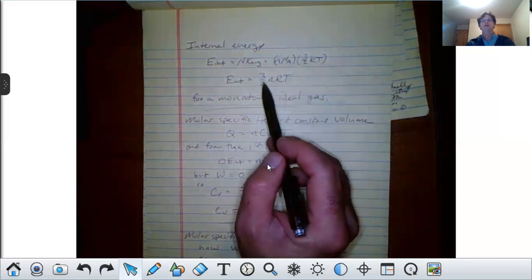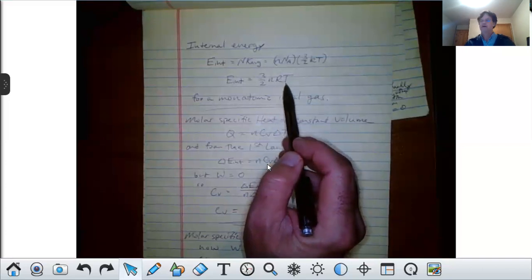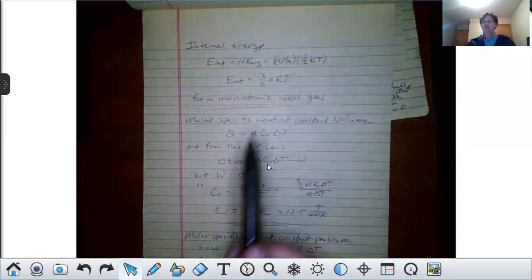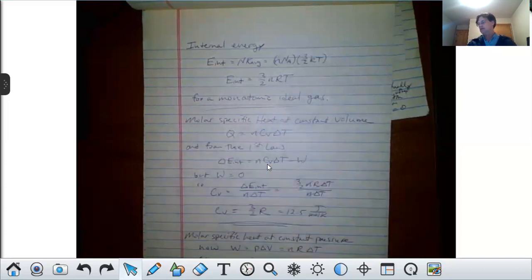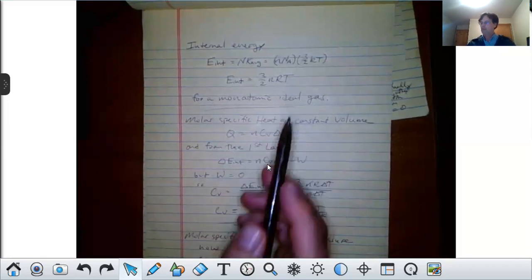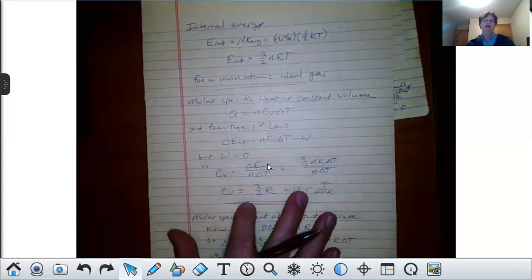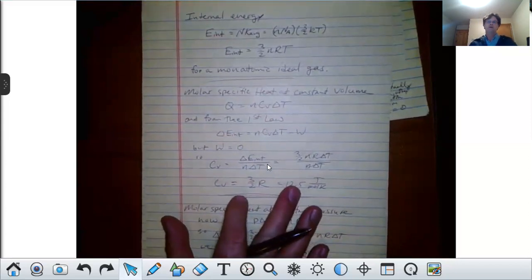Or you could write this internal energy as 3/2 times the number of moles times R, 8.31 joules per mole Kelvin, the ideal gas constant, times the temperature of the gas. So for an ideal gas, the internal energy is directly related to the temperature. The greater the temperature, the greater the internal energy, the greater the average kinetic energy.